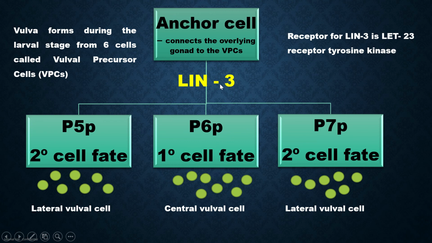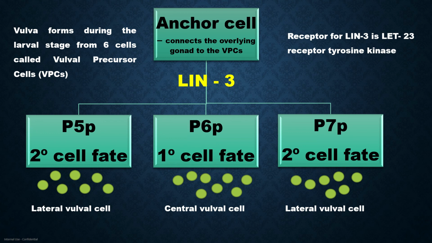That means the Lin3 signal given by the anchor cell will be at the highest concentration at P6.p. P6.p, by virtue of its close proximity, will receive the maximum concentration of Lin3 and will adopt the central vulval fate, or first degree cell fate, and will form the central vulval cell.